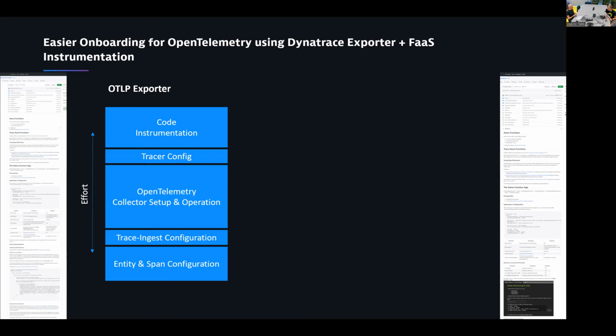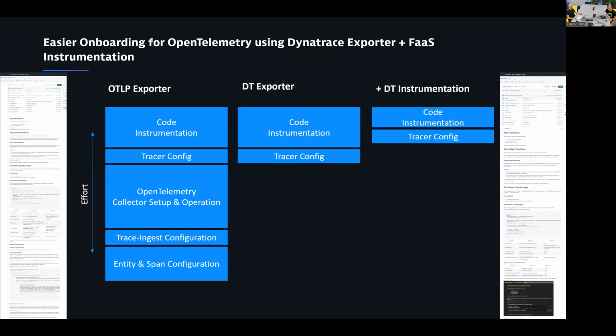We know that from our own ActiveGates, which have a lot of smartness in them to load balance and handle network traffic. So it's something you have to take care of on your own with a collector. Then you still need the configuration in Dynatrace to work with the spans, what you want to detect on spans and things like that. So there's a lot of effort involved to get it done.